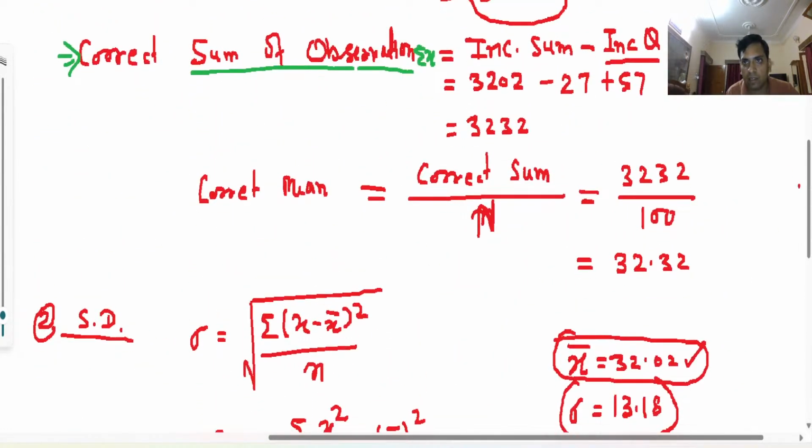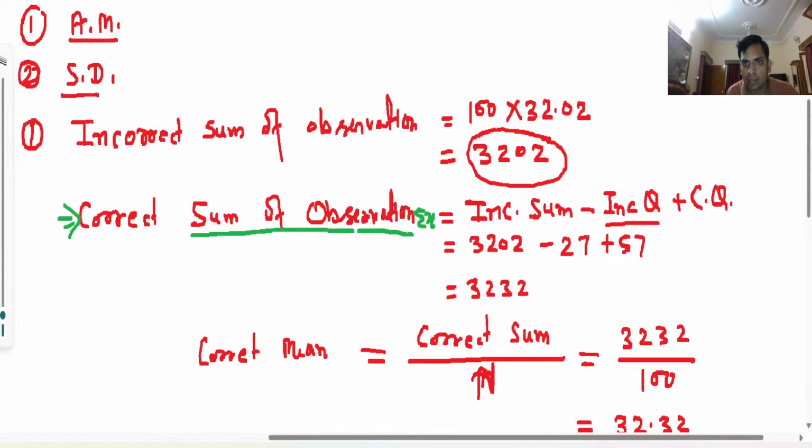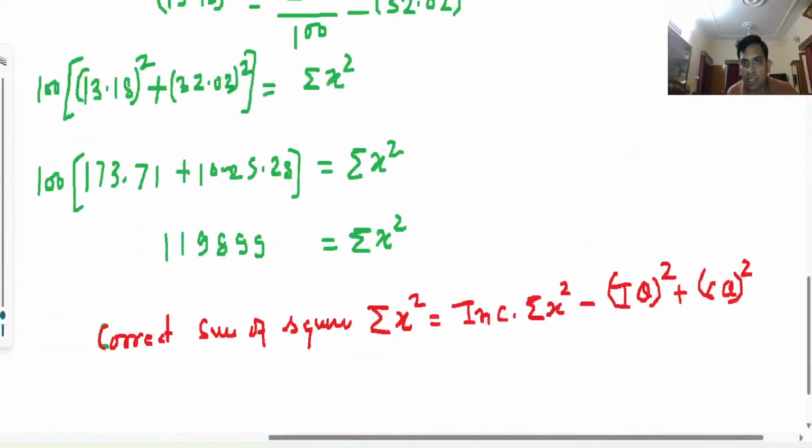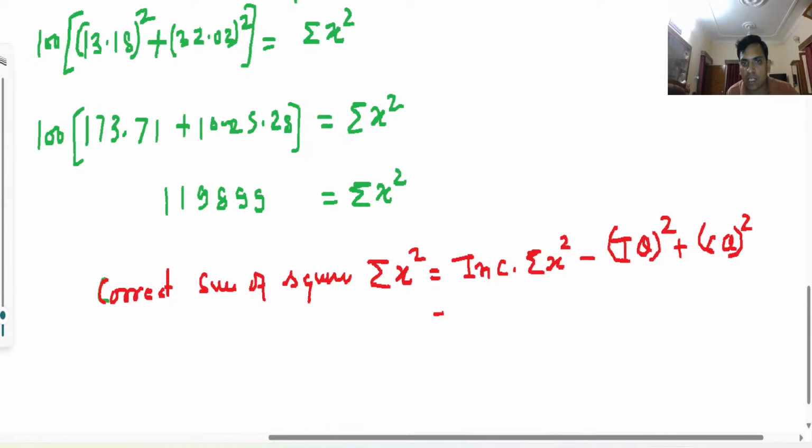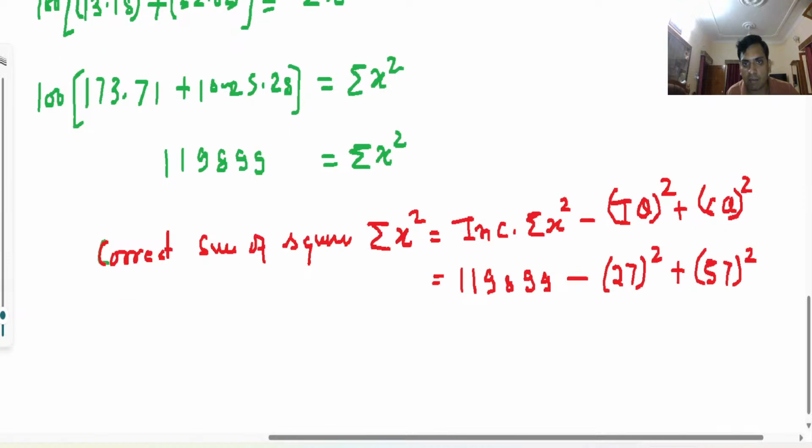In that case we have written these quantity as only sum. Now we are writing in terms of squares. So this incorrect sum of square is this 1198.99, and incorrect quantity was 27. So square of 27 we will write, plus quantity 57 is correct. So we will write square of 57.